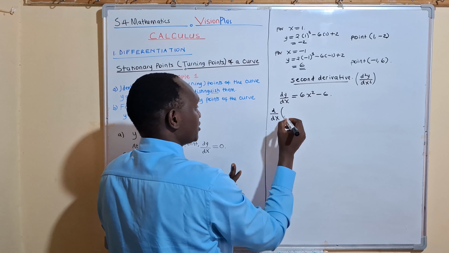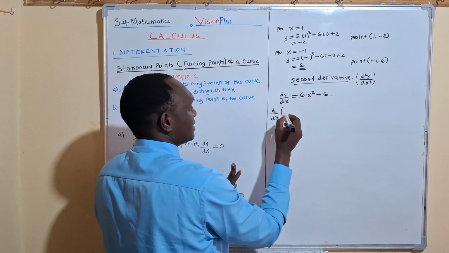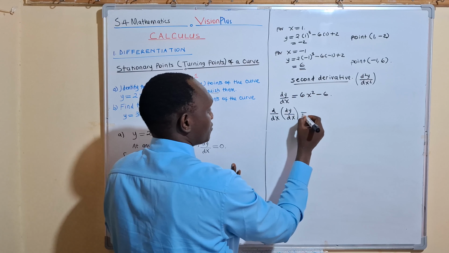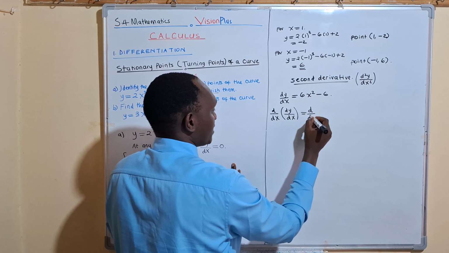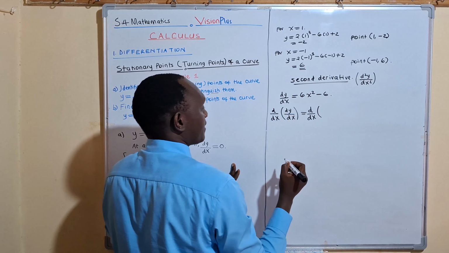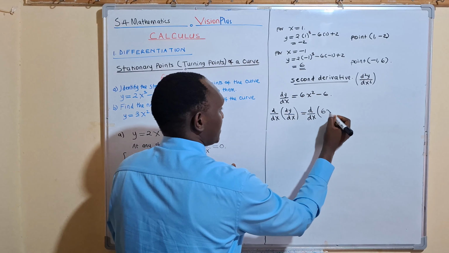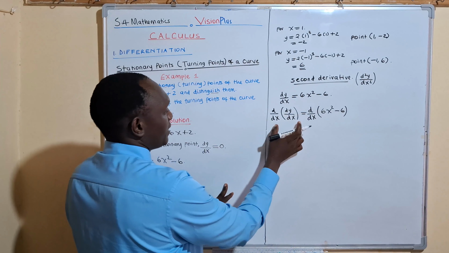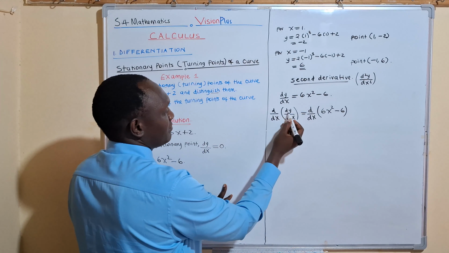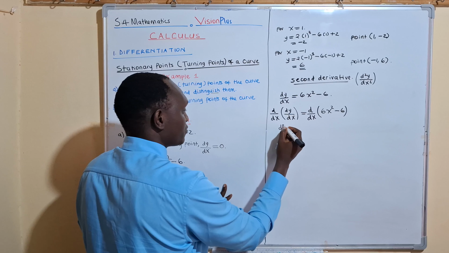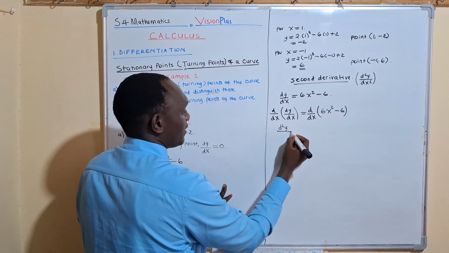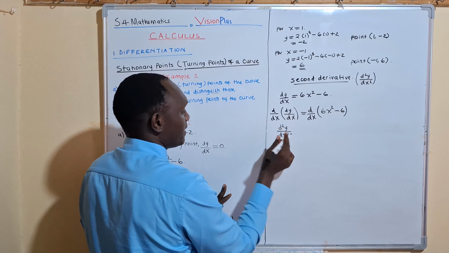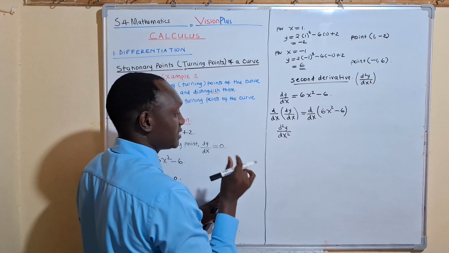I'm starting with the left hand side, dy/dx, and I'm also differentiating with respect to x the right hand side, which is 6x² − 6. We open this bracket: d times d is d², then y over dx times dx gives us dx². dx is a single term.